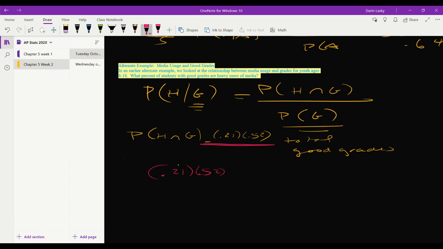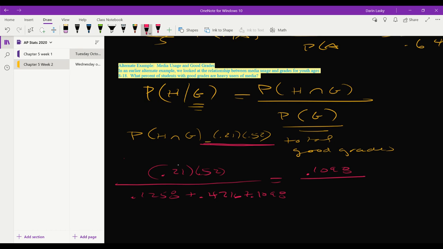0.2152 all over, which my lights went out, so I can't read, which is going to be 0.1098 all over 0.1258 plus 0.4216 plus 0.1098.